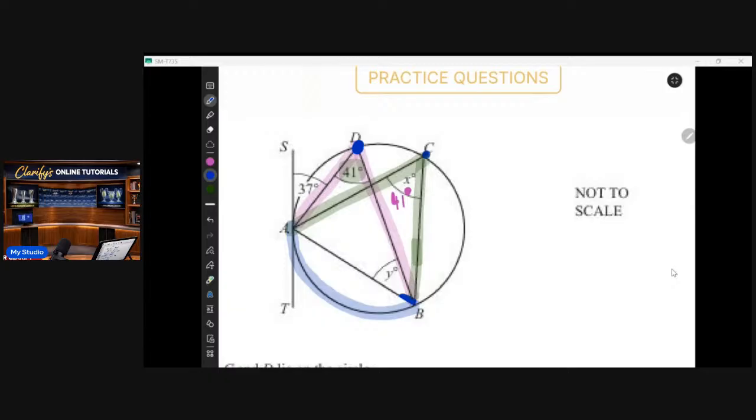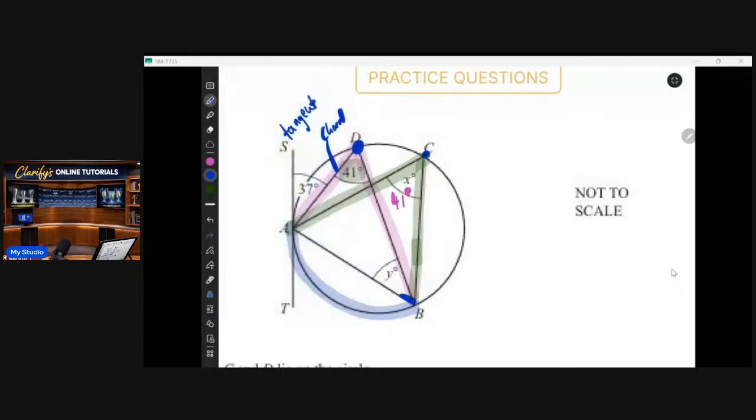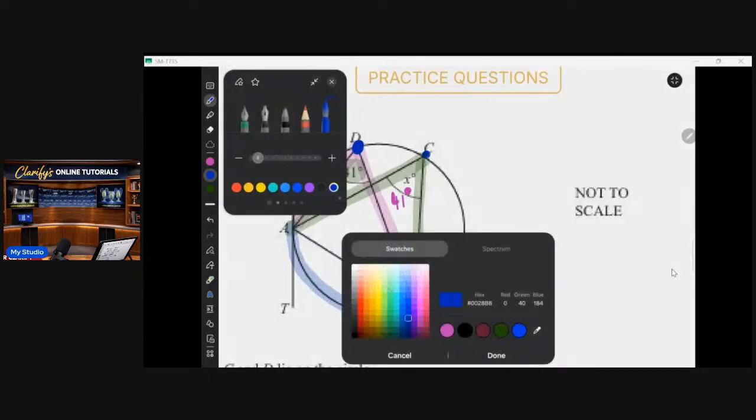All right, good. So we have used 41 degrees. Now, can we do anything? Look at 37. Can we use it for anything? What is making 37? This chord. 37 is being made by chord and tangent. Now we know that this is theorem number 7, which a lot of people run away from at many schools and places. We don't run away from it. Why would we run away from it?